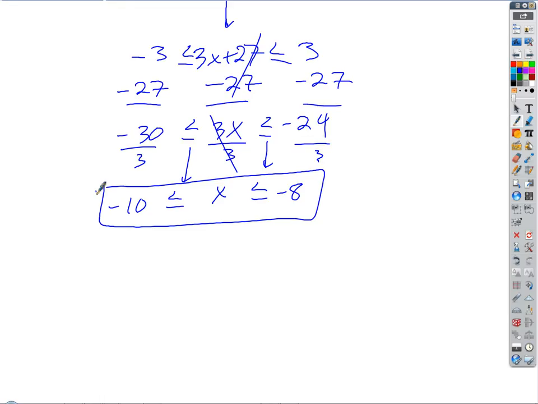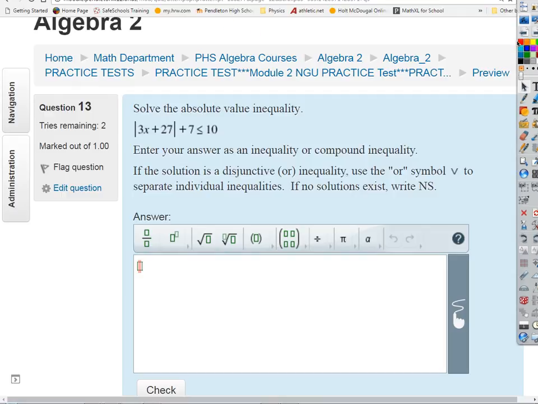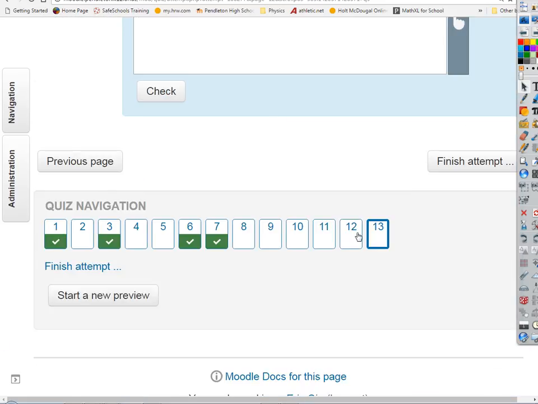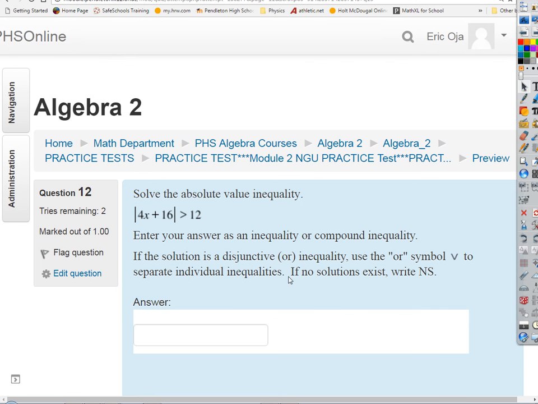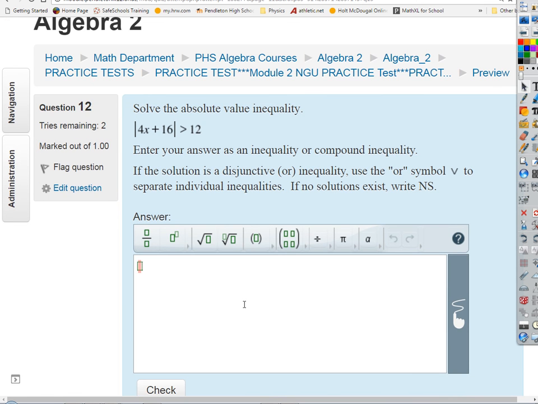Okay. So what would happen if we had one like, no, I want a different one. I'm just going to change that one slightly. We won't do this one in Moodle, we'll just do this one on the board.